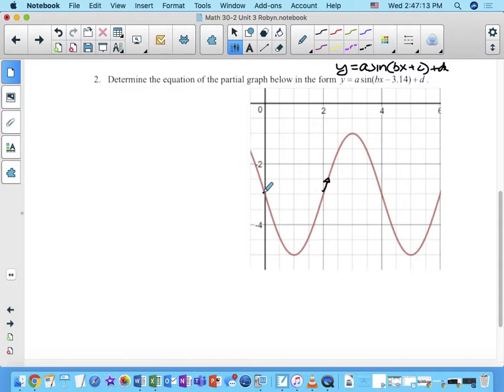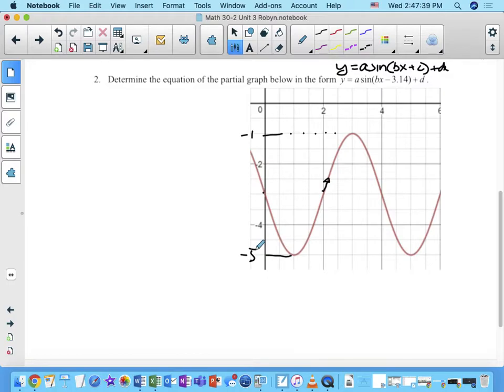The max, it looks like here, is at -1, and the min is at -5? Is that right? I think so. Okay, so let's go with the midline.